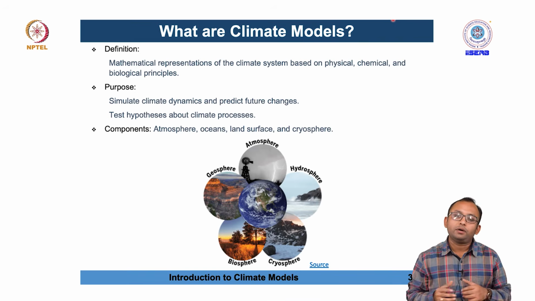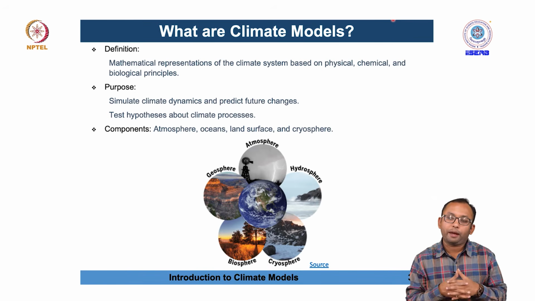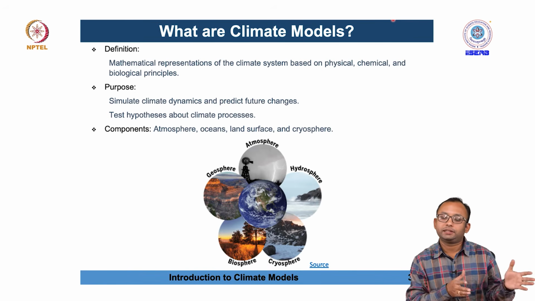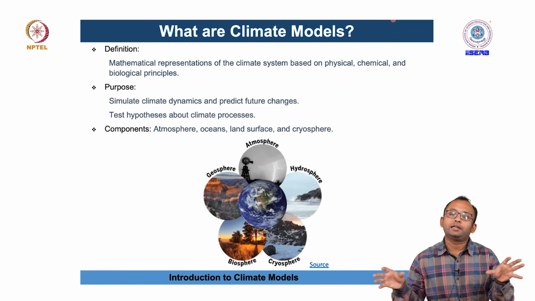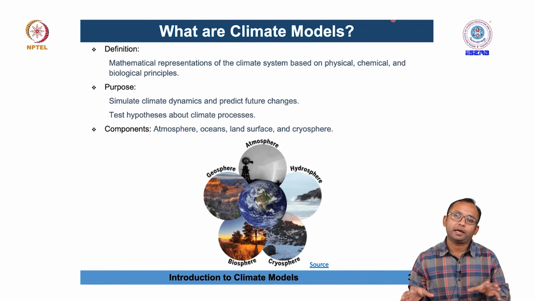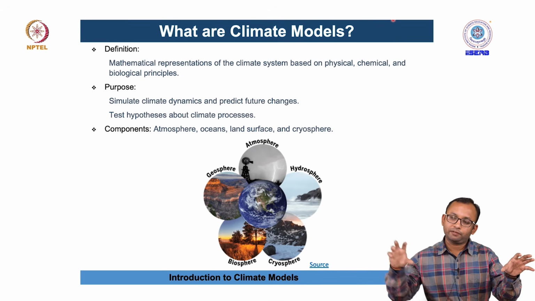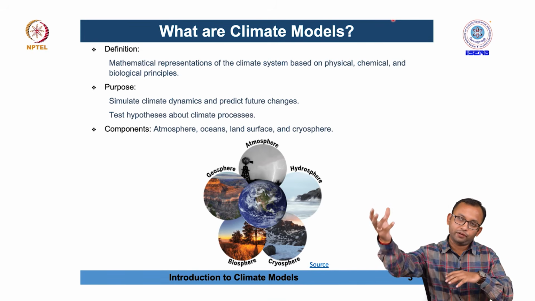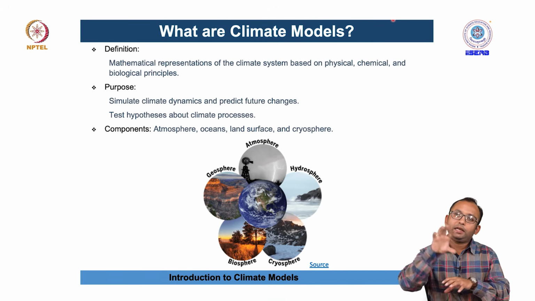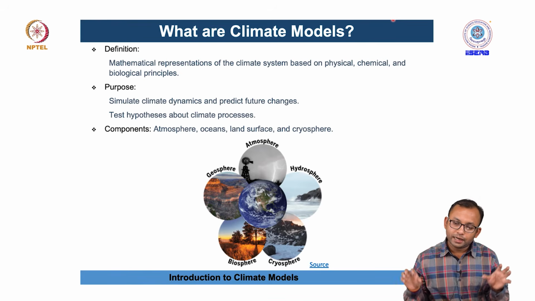Then we can test hypotheses about climate processes. As I suggested, there are certain processes happening at the same time, and whether all these processes are interlinked. For example, if there is a soil moisture change, a flood intensity change, a rainfall extreme, is there any correlation between all these processes at a certain level?